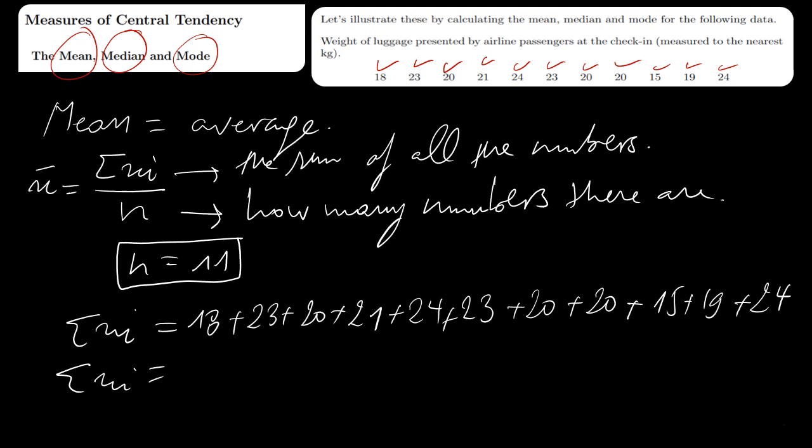Here the sum of xi is equal to 227. This is the first part of x bar.